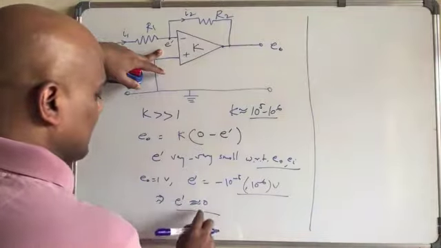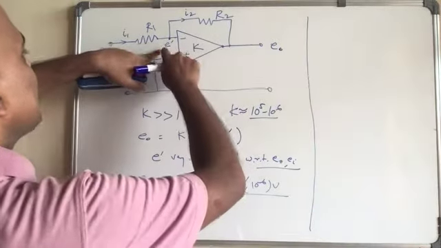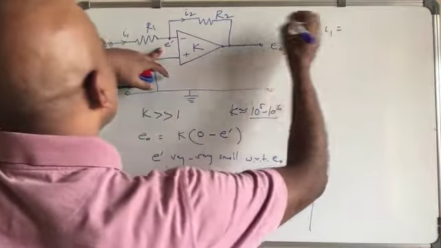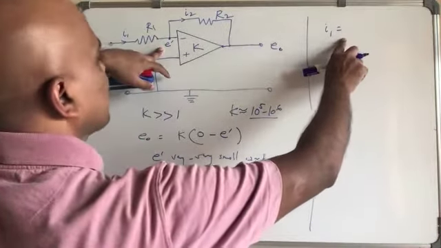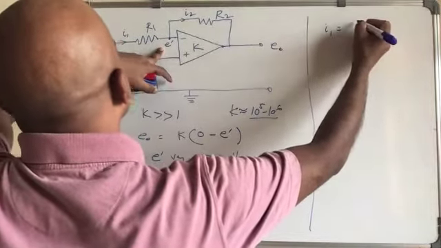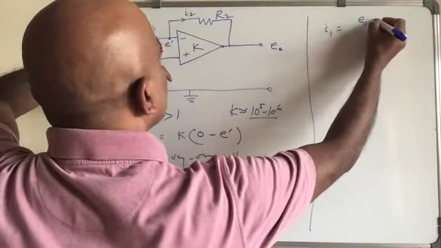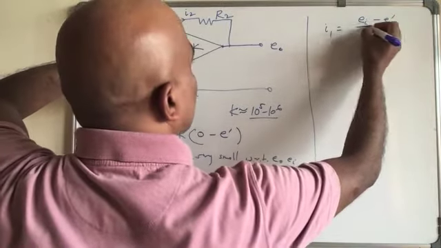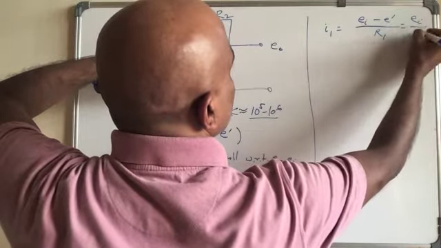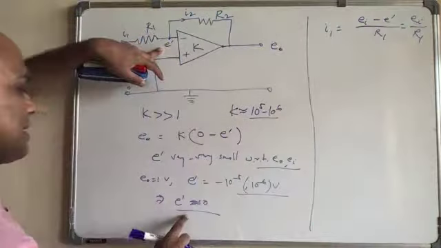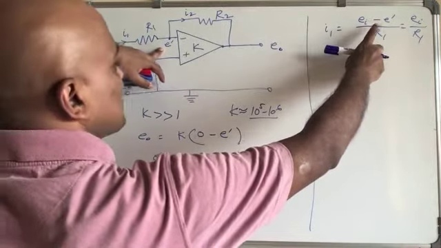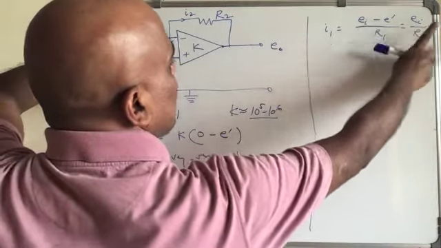Since E dash is close to 0, I1 will be simply equal to EI minus E dash over R1, which is EI over R1 simply. Why? Because E dash is close to 0. So this one is simply EI over R1.